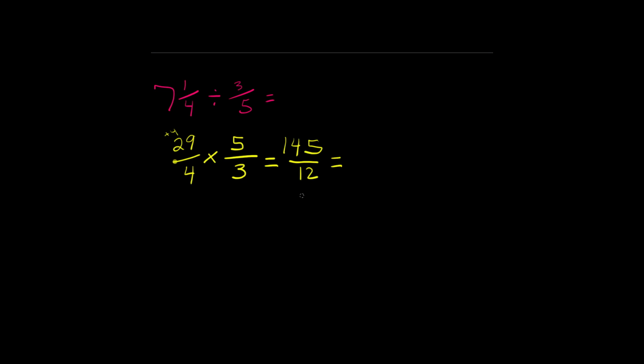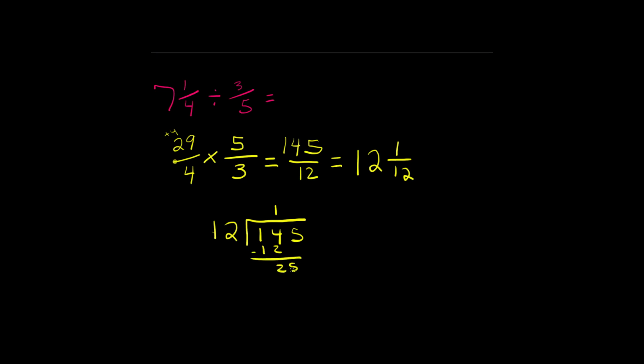All right. If you're good at your multiplication facts through 12, you probably know that 12 times 12 is 144, and then 1 left over would be 145. If you didn't memorize your 12s yet, that's okay. Then you're just going to have to set up your double-digit division problem. How many 12s can go into 14? 1.